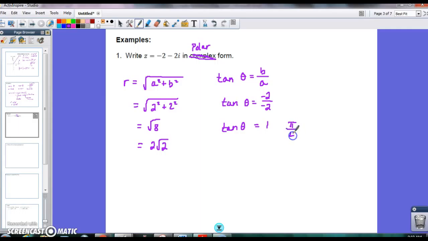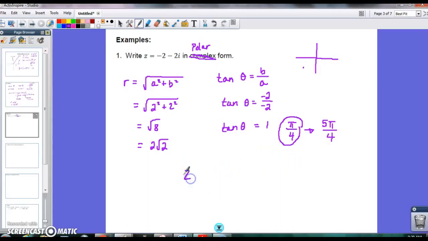However, think about where this complex number is. If you were to graph the complex number, you're at negative 2, negative 2i, so you're down here in the third quadrant. To write this in the third quadrant, it would be 5 pi over 4. So that's where you have to be careful. Make sure that you represent the angle in the proper quadrant.